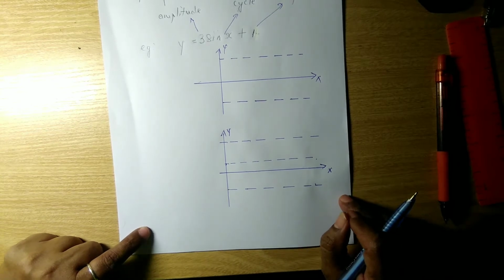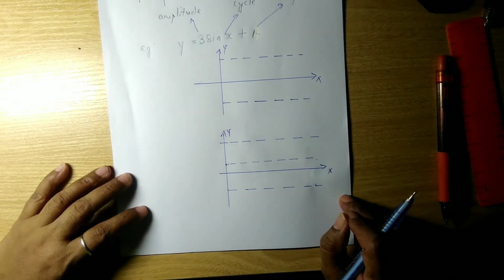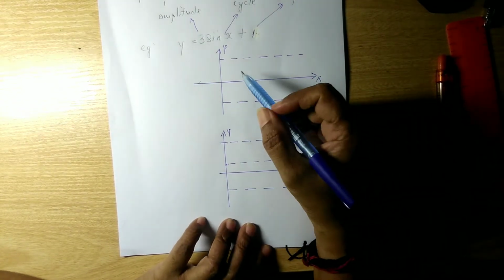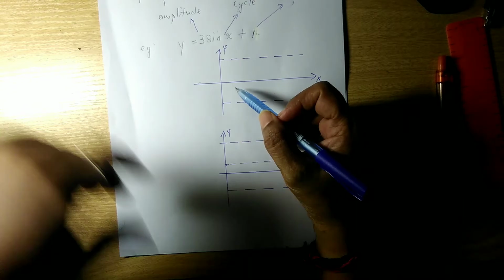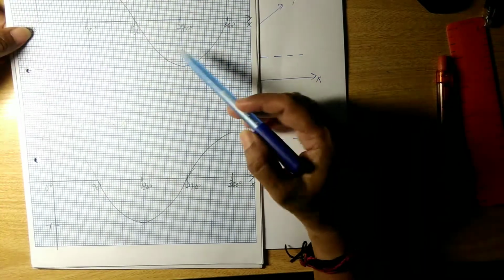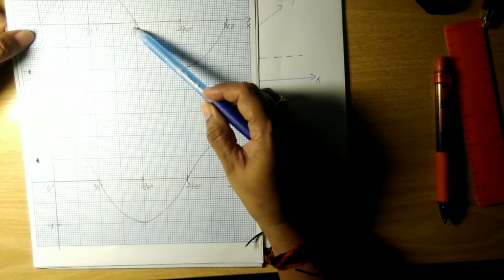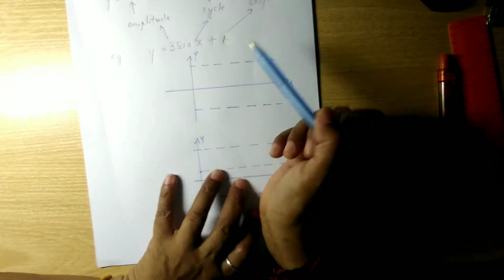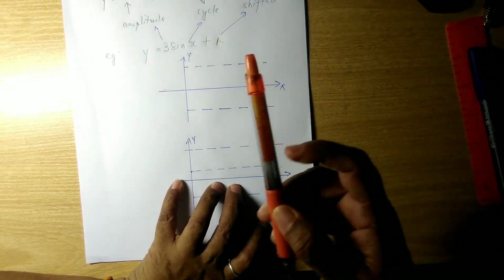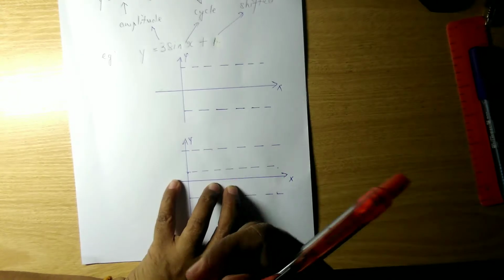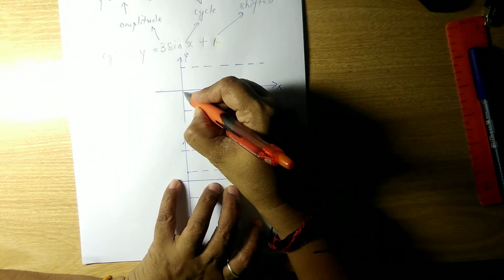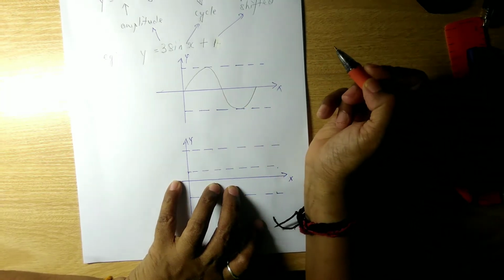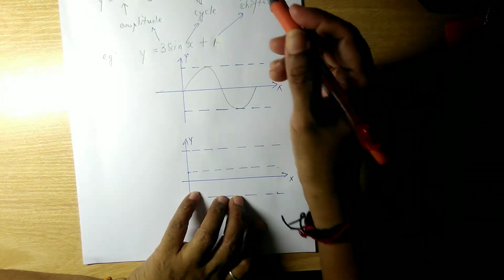Now to draw a sine graph, you know how a sine graph looks like. We just looked at it. A sine curve starts from 0, intersects at 180, and then goes to 360. The basic one will look something like this, without the shift.